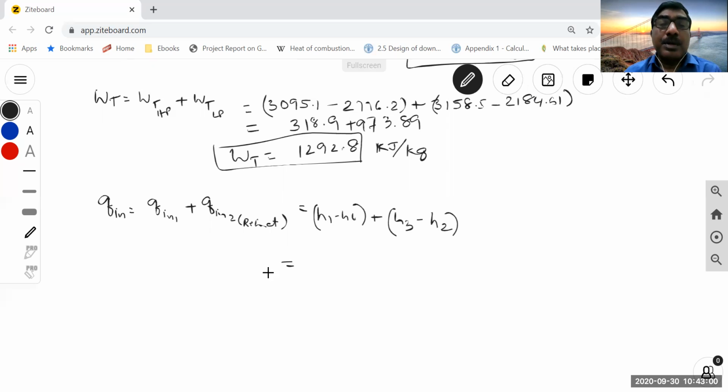What is H1? H1 is again 3095.1 minus H6. H6 is equal to 115.8 plus H3.